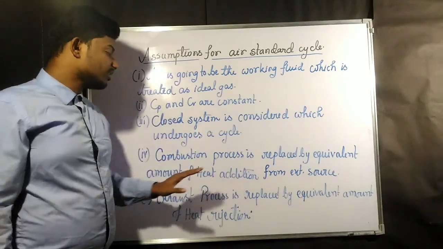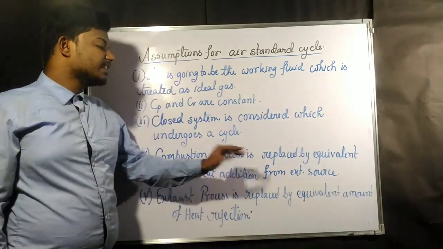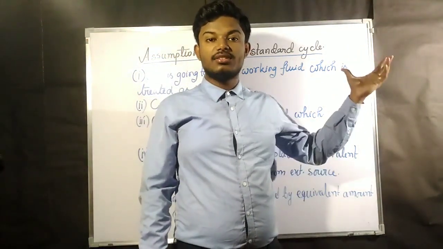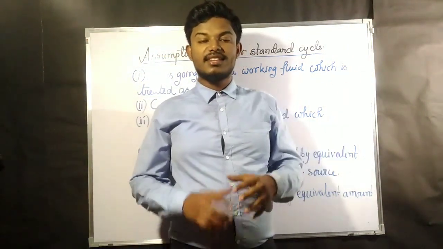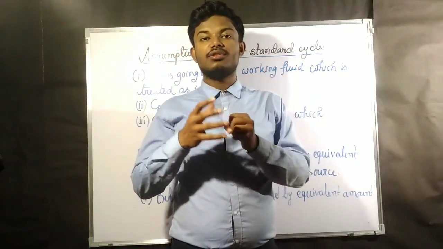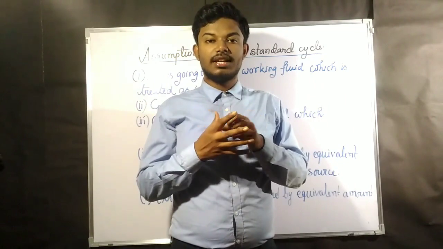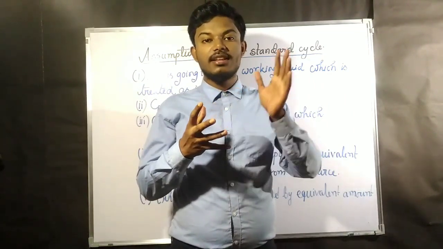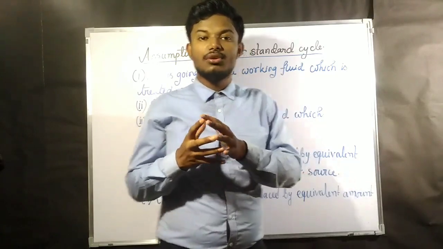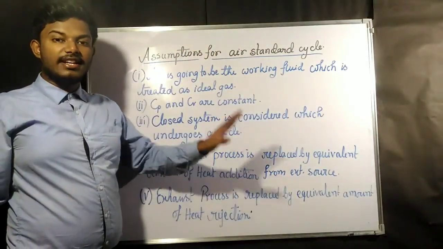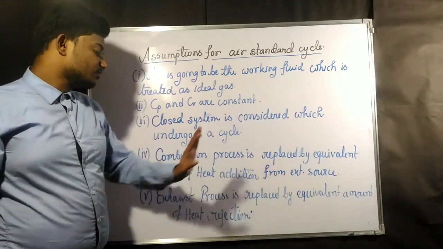The combustion process is replaced by an equivalent amount of heat addition from an external source. In cycles like the Otto engine or diesel engine, the combustion of the fuel takes place inside the cylinder. Now this combustion of the fuel is replaced with a heat addition process from some external source.